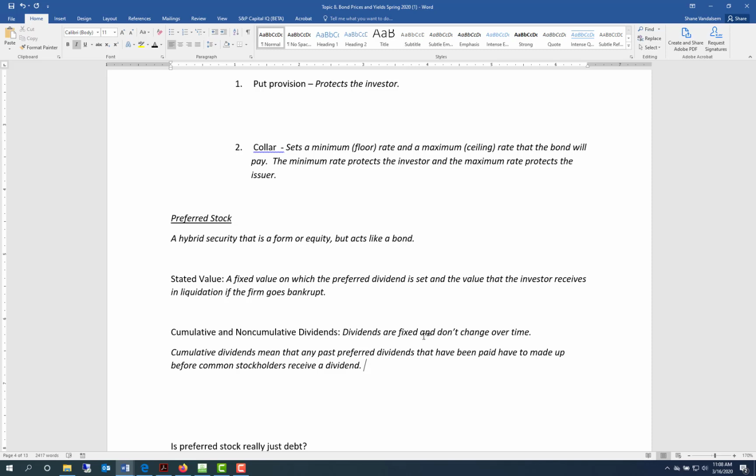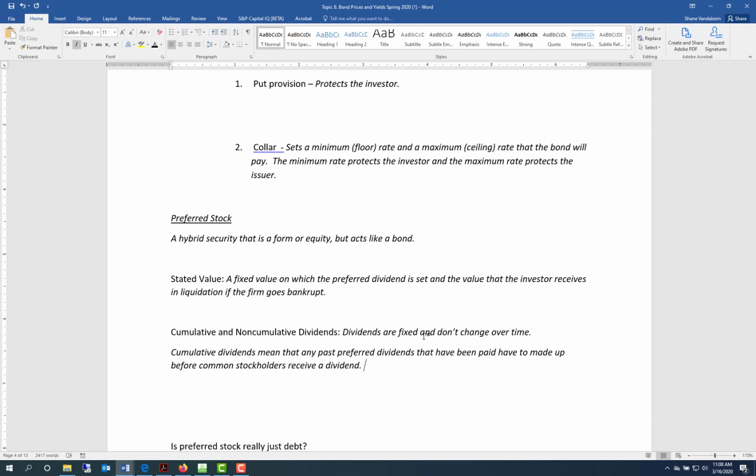Non-cumulative just means the opposite, that the firm doesn't have to make up any preferred dividend payments before they can issue dividends to the common stockholders. For that year, they still have to pay the preferred stockholders first. So in the example I just gave you, where we had a year in which a company couldn't make their preferred dividend payment, they'd be able to forget that dividend payment.